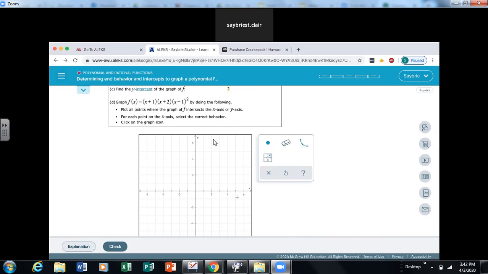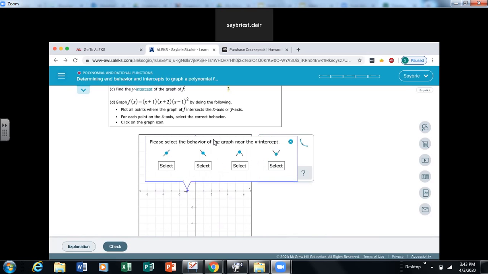Alright, so now we're ready to graph it. So you got a dot on -1, you got a dot on -2. Nope, these are all on the x-axis. So I want to erase that one. So -1 right there, perfect.